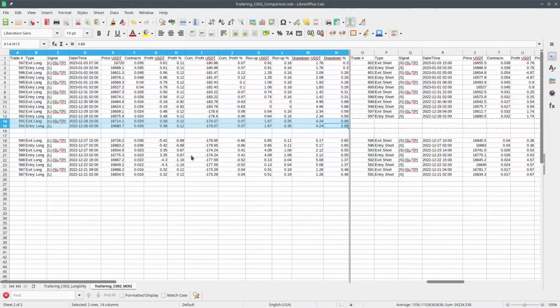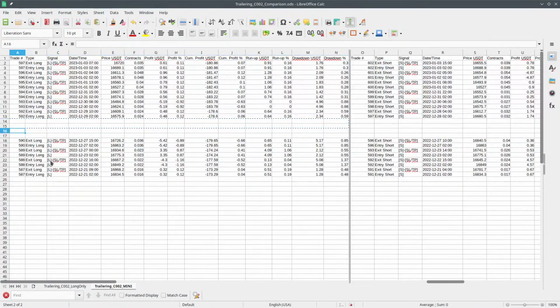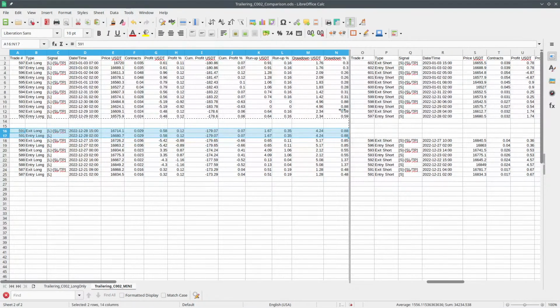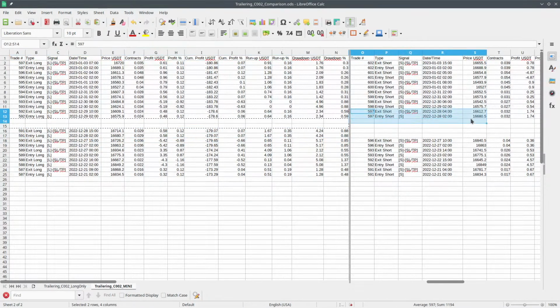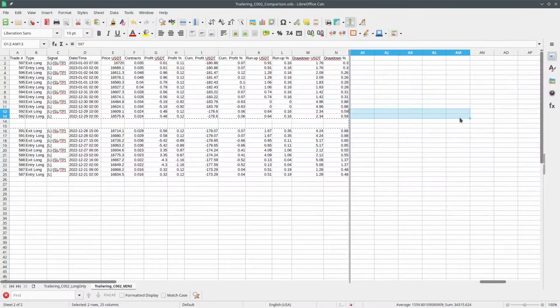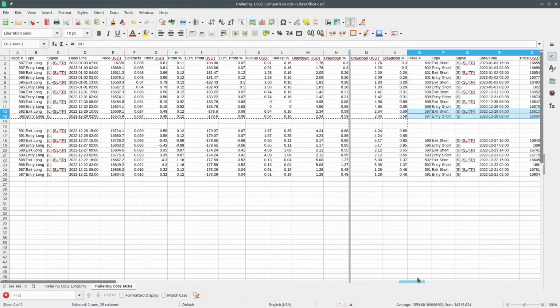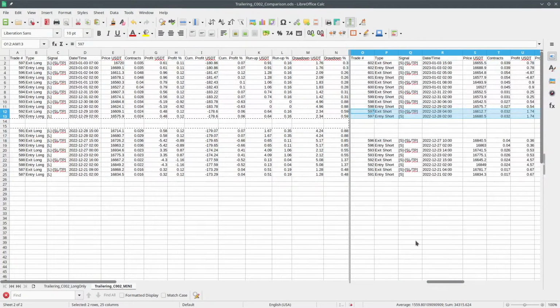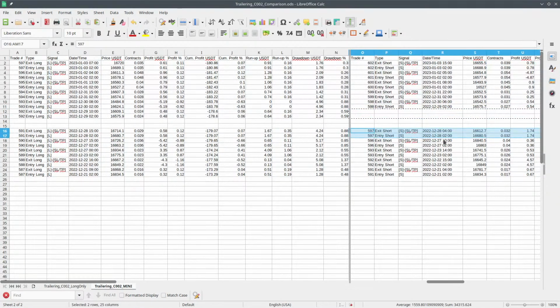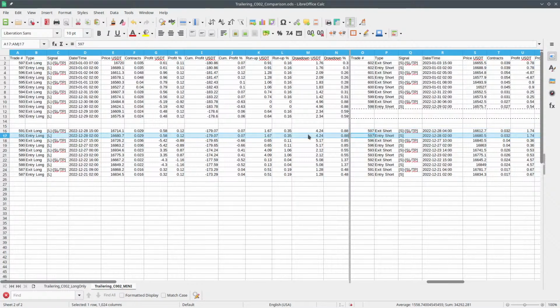So this is 28. Okay, 28 needs to go here, and this is 28, which also needs to go here. So 28 is in the same place.